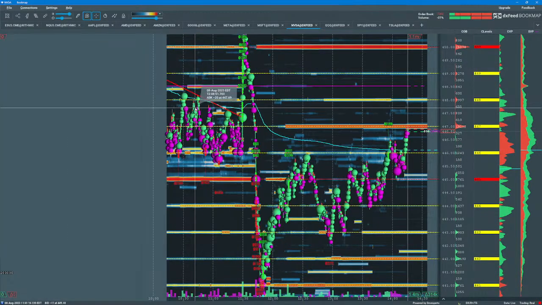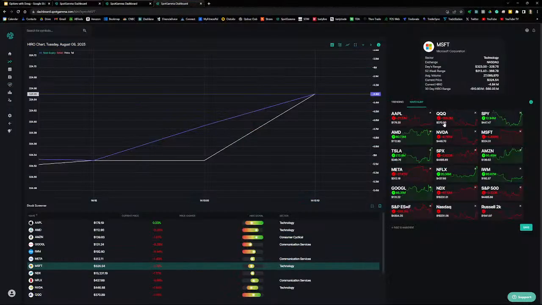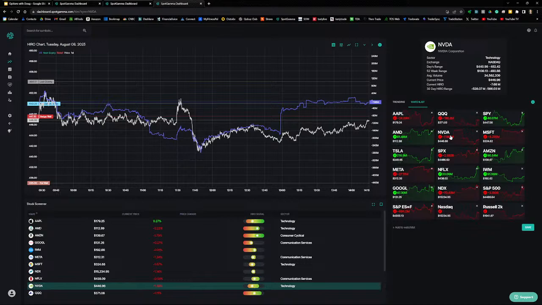Very interesting day in NVIDIA. Let's start by looking at Hero. Go to NVIDIA. Zoom in on this.